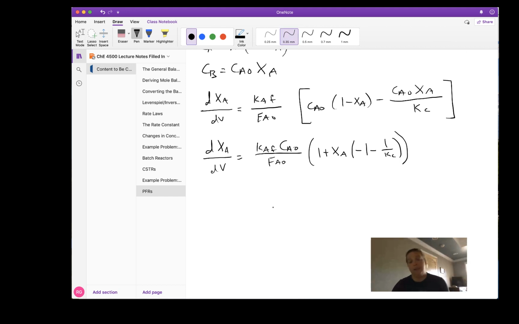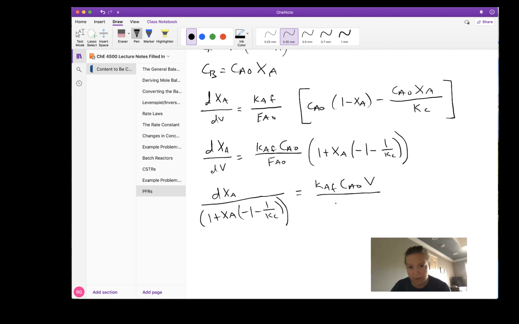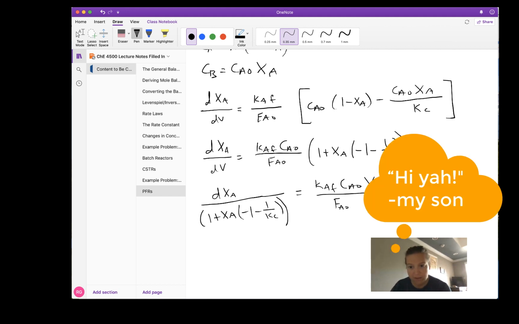Okay, so now, simple enough, I need to separate the variables and solve. This is going to be equal to k_AF C_A0 V divided by F_A0.